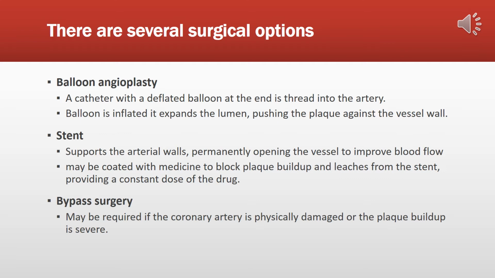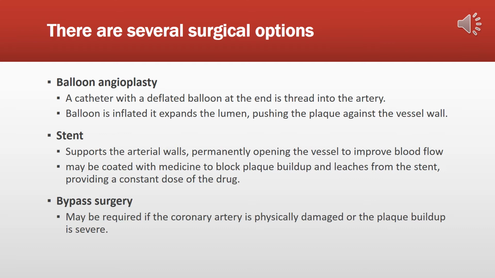Very similar to a balloon angioplasty is a stent, which is essentially a rounded meshwork of wires, metal pieces, which supports the arterial walls, and this permanently opens the blood vessel and improves blood flow.